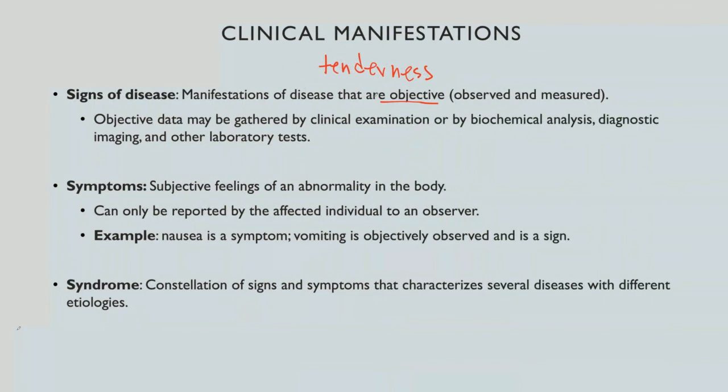I palpate the abdomen and the patient manifests they have pain. I will describe that as tenderness. Or I will observe their facial expression of pain. There is tenderness. There is fever. I can measure 103. Okay, there is jaundice.